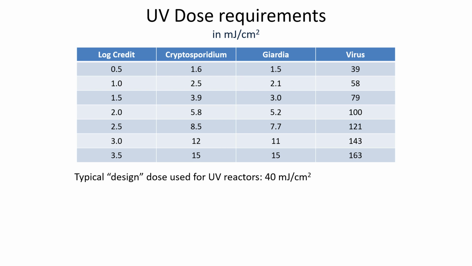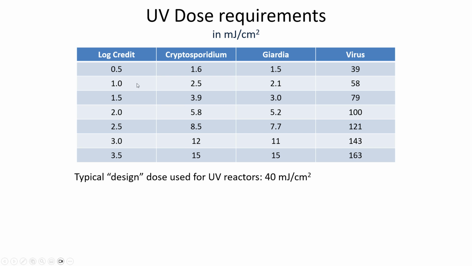So this is a table that illustrates the credit that you'd get for a certain UV dose in terms of the removal of crypto, Giardia, and viruses and so on. So you can see that 1 log credit, that means 90% removal.